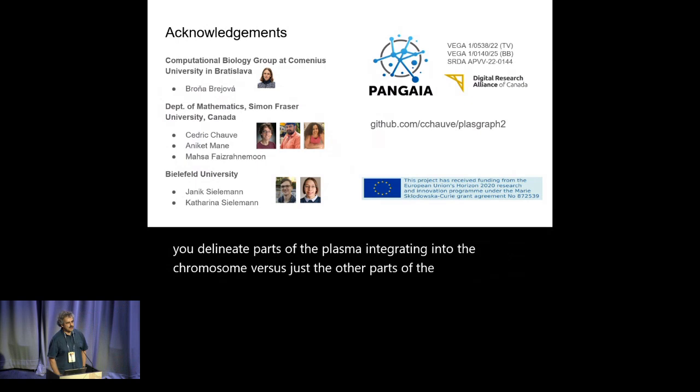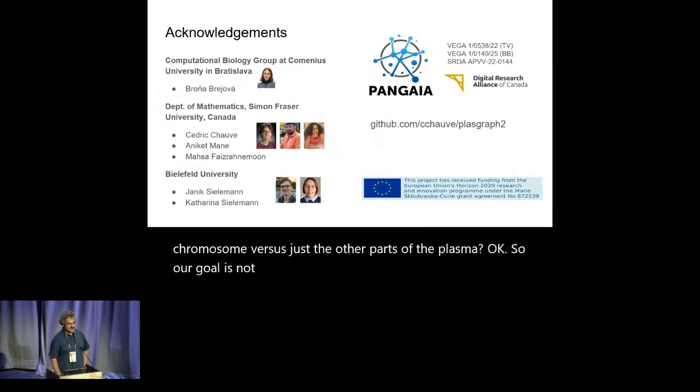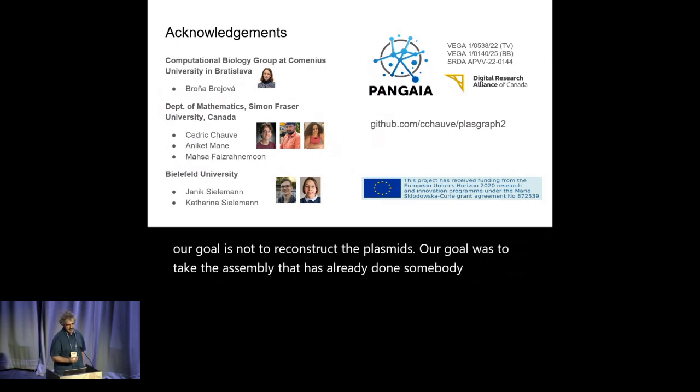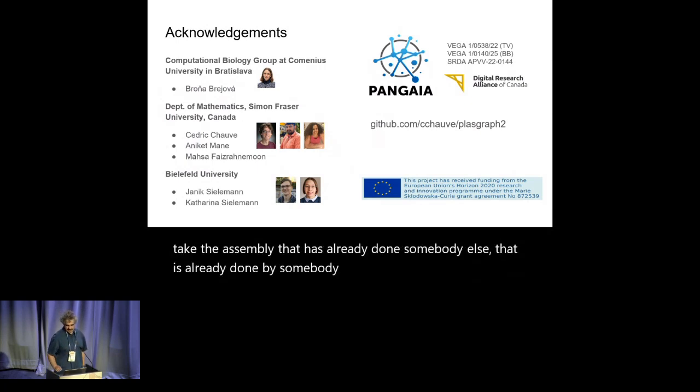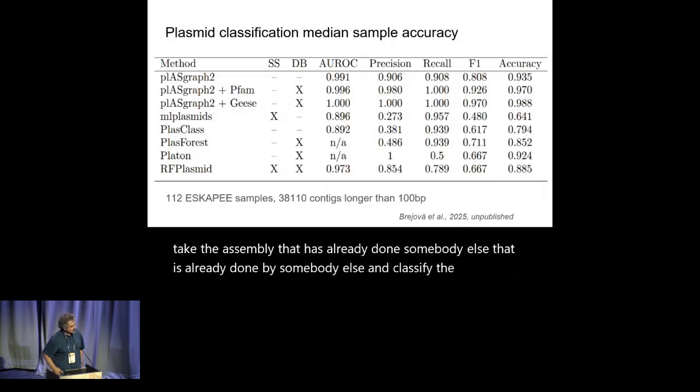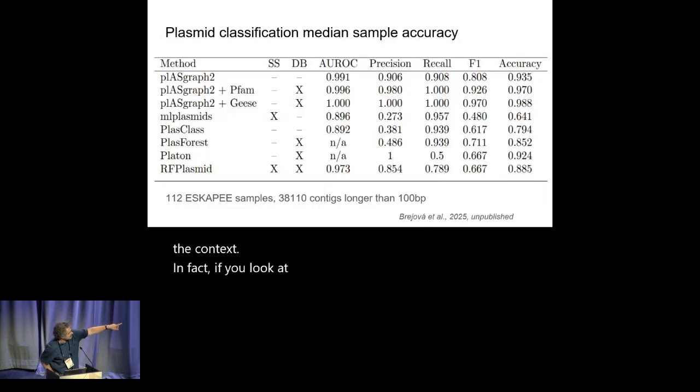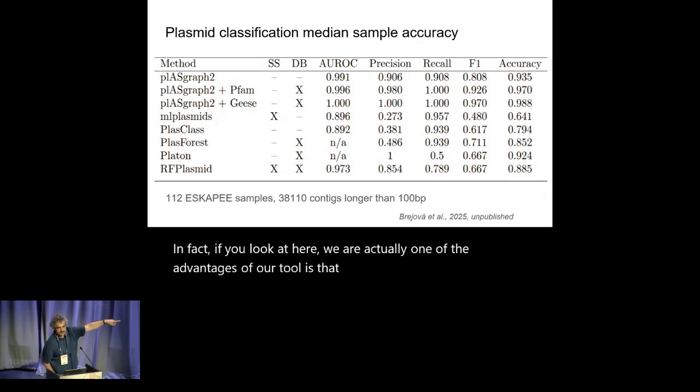Okay, so our goal was not to reconstruct the plasmids. Our goal was to take the assembly that has already been done by somebody else, and classify the contigs. One of the advantages of our tool is that we can actually work with really short contigs. So we can classify contigs that are 100 base pairs long pretty accurately.